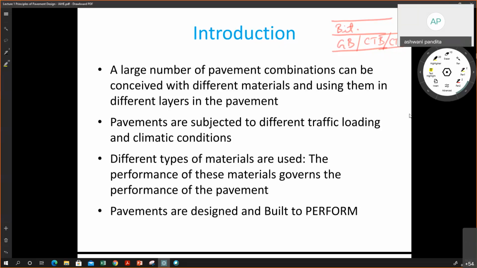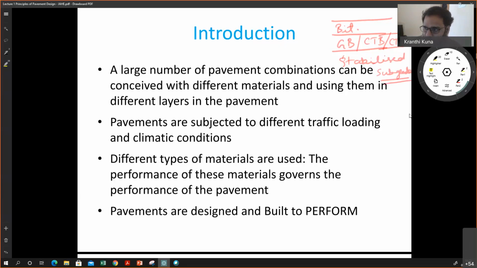So we have a subgrade as well. Maybe you can have a stabilized subgrade. Some people can choose to stabilize the subgrade with cement. So you can choose whatever you want.